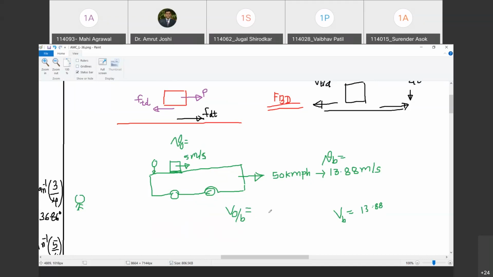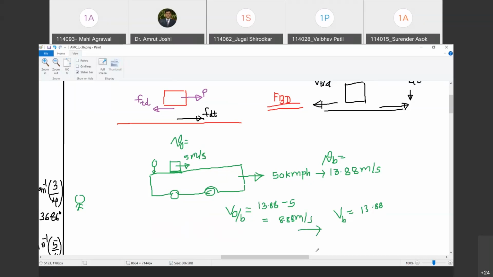So what do I have to do for that? Tell me. This is equal to the velocity of the bus minus the velocity of the object. So that turns out to be 8.88 meters per second and plus came, which means it is towards right.